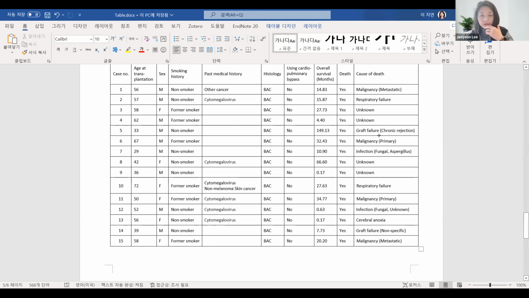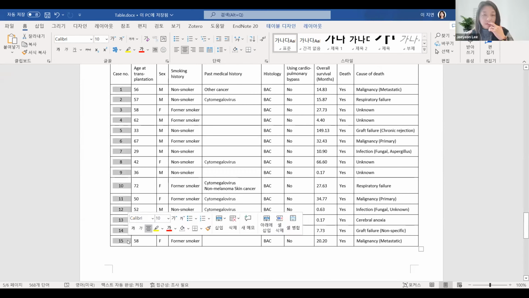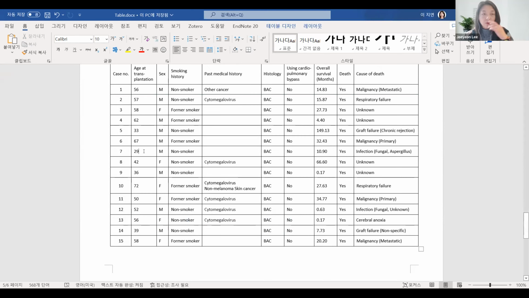But how do we assign case number? Is it random, 1, 2, 3, 4? Oh yeah, this is random. I just wanted to count them.